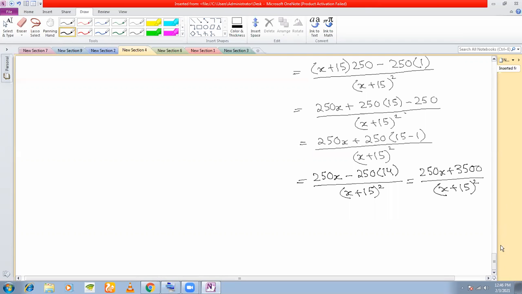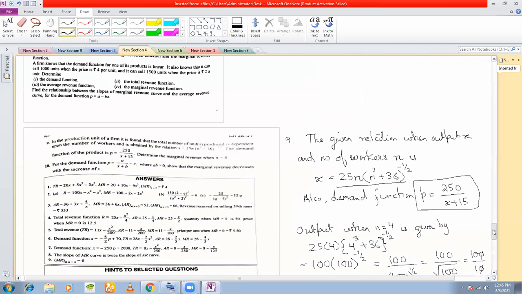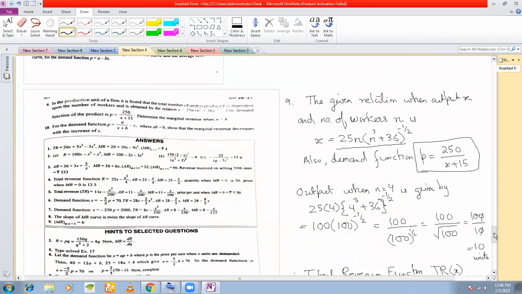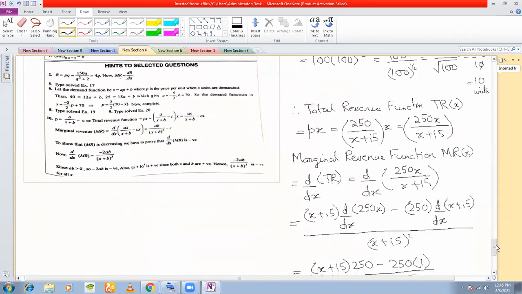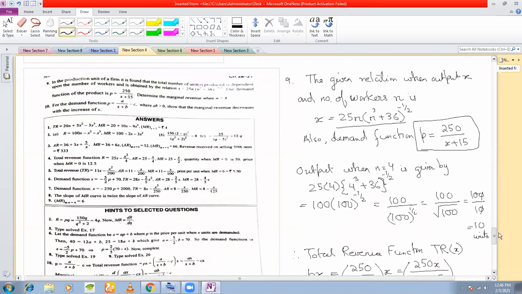Now the question here, if you read, is determine the marginal revenue when n is equal to 4. See, when n is equal to 4, we have found out the value of x, right? When n is equal to 4, x is equal to 10 units.